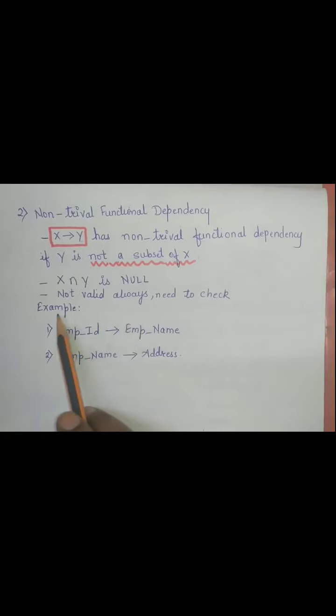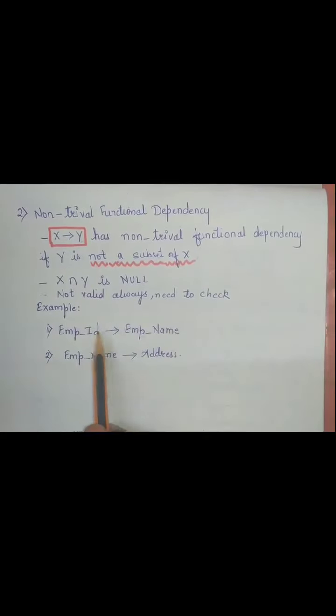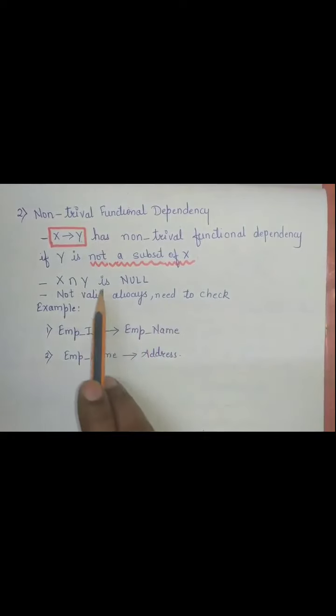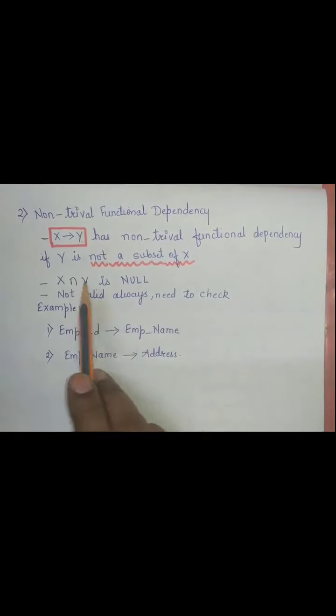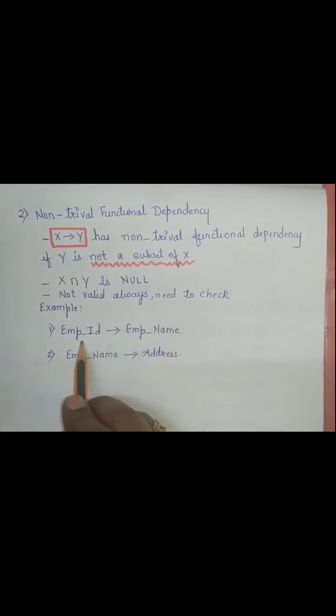Now let's see the example over here. Here you can see employee ID goes to employee name. Employee ID determines employee name. So when we see these two sets, the determinant and the dependent, this condition is satisfied. First of all, employee name is not a subset of employee ID, correct? The first condition is that it is not a subset of the determinant.